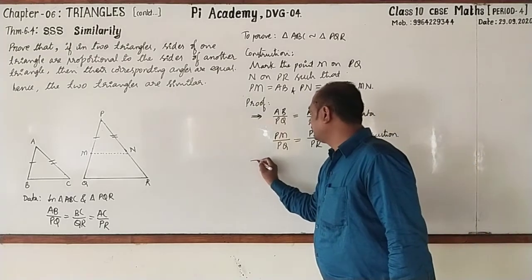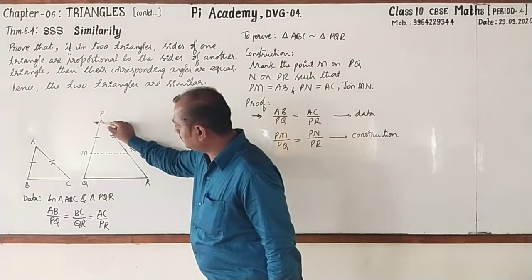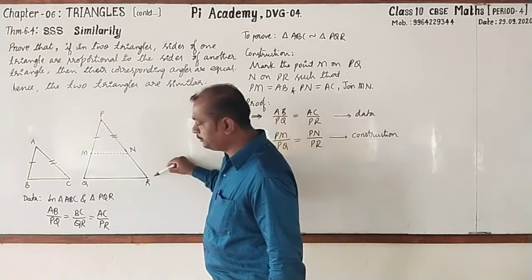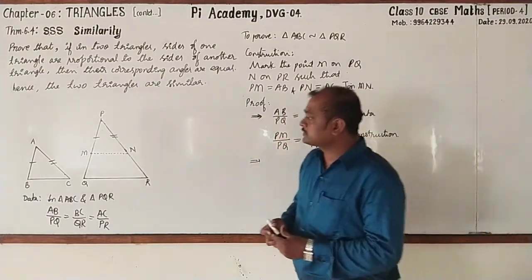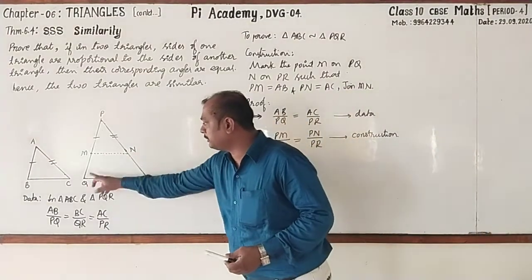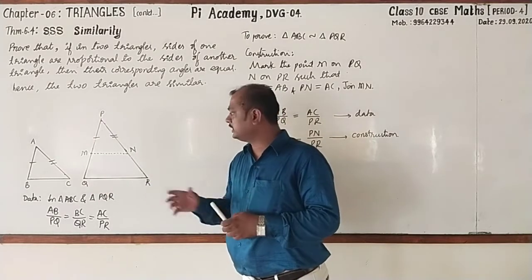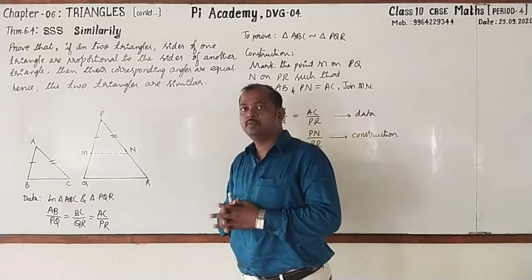Look, we got PM by PQ equal to PN by PR, right? If it is so, then can we say that MN parallel to QR? What is the reason? The reason is the converse of the corollary of BPT.